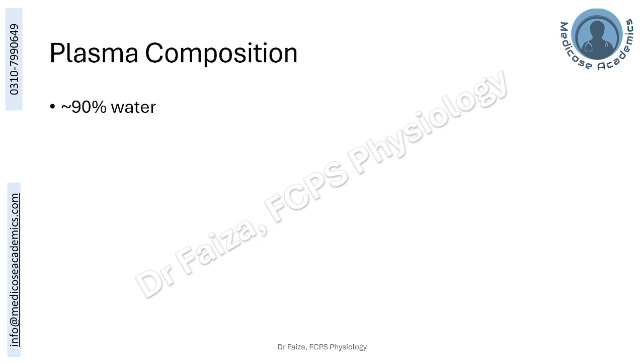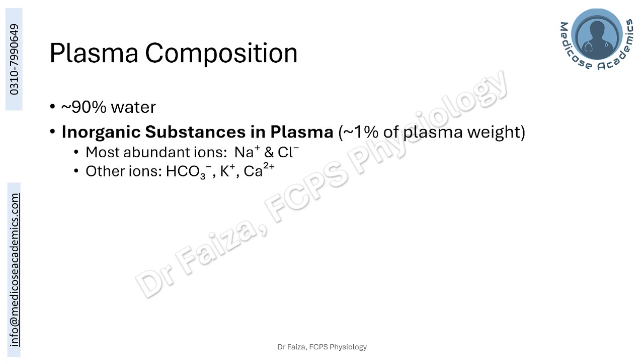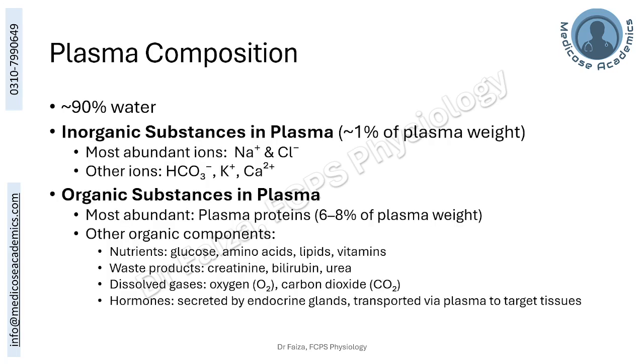If we talk about the plasma composition, it is 90% water and other inorganic and organic substances. Inorganic substances constitute even less than 1% of the plasma weight, including the cations and anions, and organic substances include mostly the plasma proteins and a few other materials like nutrients, waste products, exhaust gases, and hormones.